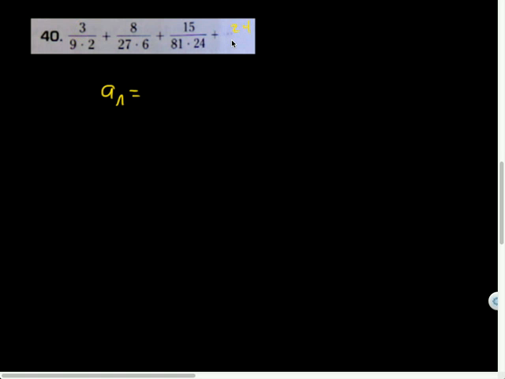I think it's the squares minus 1. Right, 2 squared minus 1, 3 squared minus 1, 4 squared minus 1, 5 squared minus 1. So I think the numerator, doing this piece at a time, n squared minus 1 would be that.